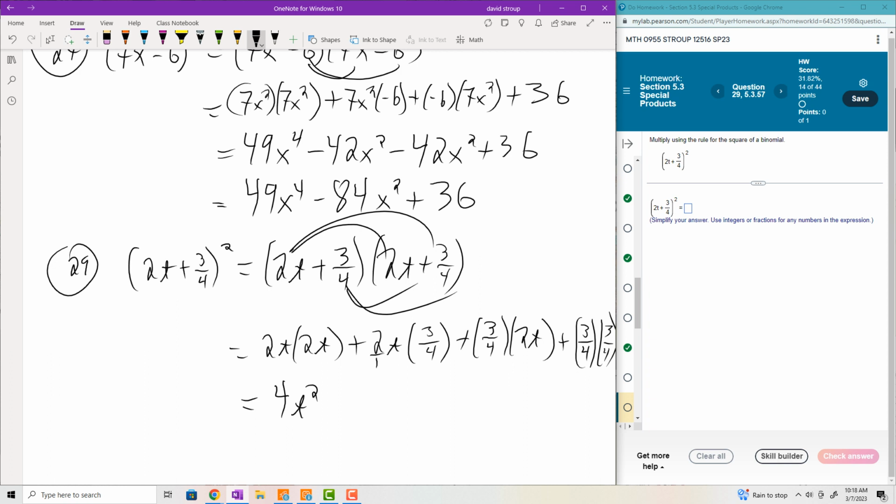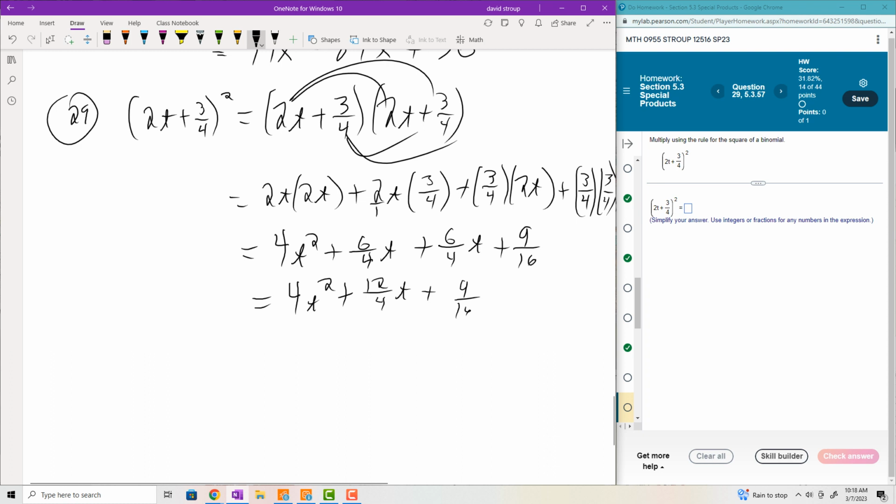Then 2 times 3/4 will be 2 times 3 is 6, all over 4 times 1 is 4. And then plus the same thing. And then plus, multiplying straight across, 9/16. This will be 4t squared plus 6 over 4, so 12/4 t plus 9/16.